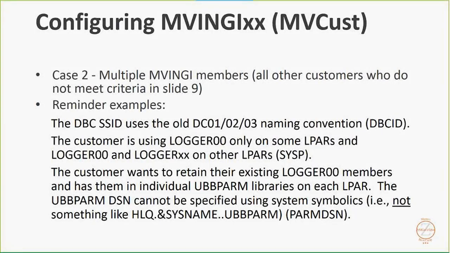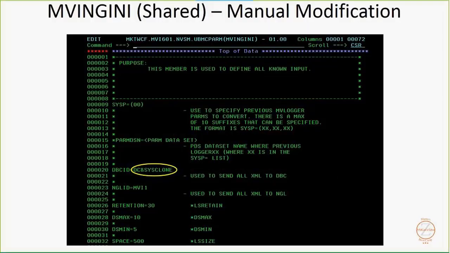Case 2. All right, so we mentioned that. Let's go back here for a second, right? So if you're going to share this member, all of these parameters have to be the same or equivalent. So, for instance, your SYSP can't be 00 for one LPAR, and 00, comma, MQ for another LPAR.